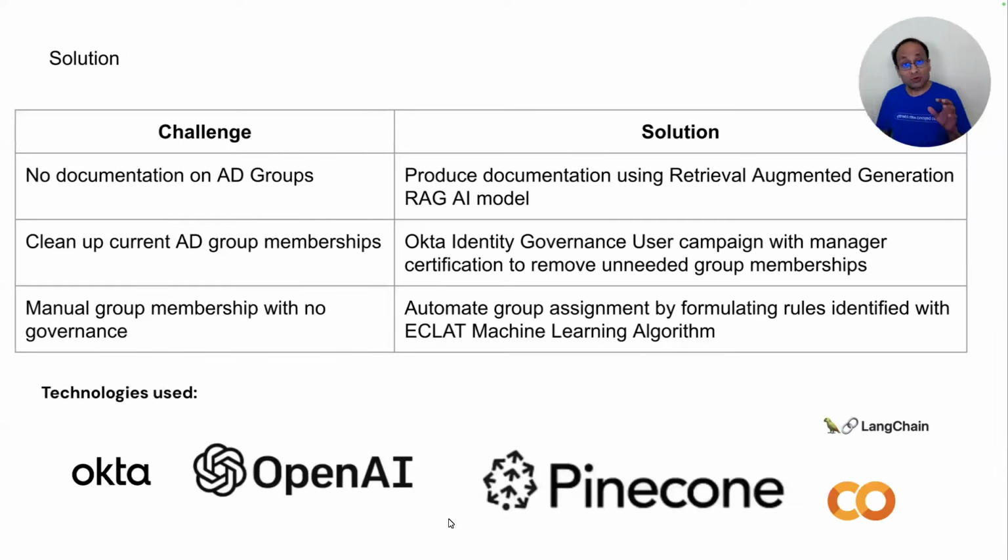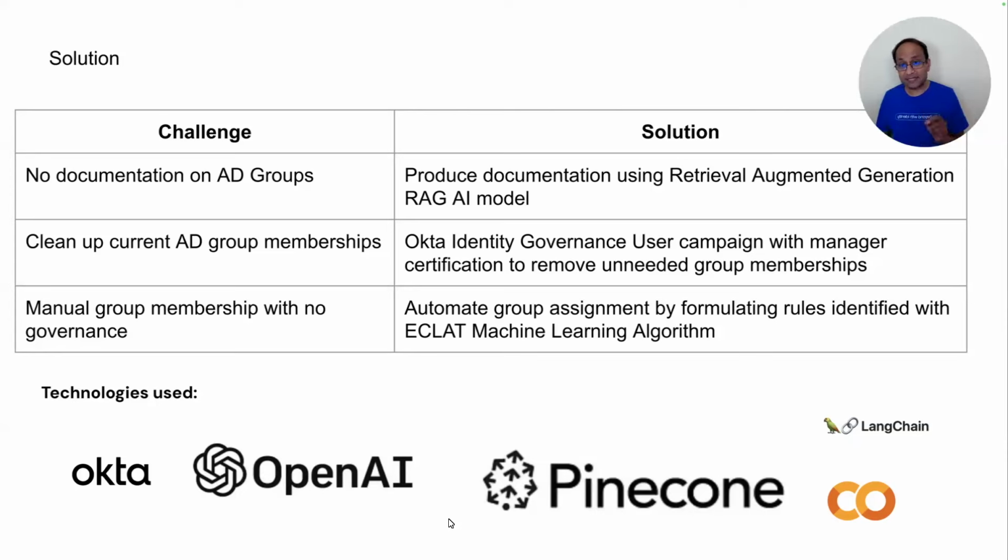So the first challenge really is having no documentation on these Active Directory groups. And then there needs to be a mechanism to clean up these current group memberships so that we can move to a model where we have automation assign birthright access, and the additional are given through access requests, perhaps for just a specific period of time.